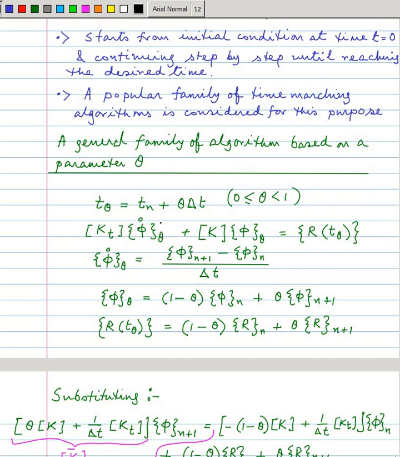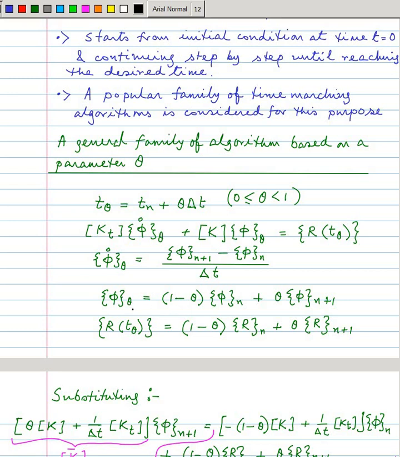And we assume that phi dot theta is equal to phi at time tn plus 1 minus phi at time tn divided by delta t. But phi theta we interpolate between phi at n and phi at n plus 1 using this.